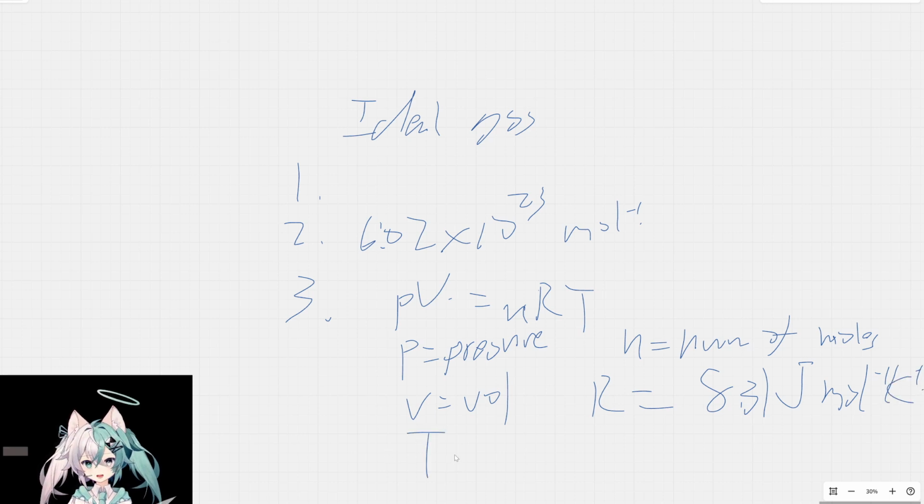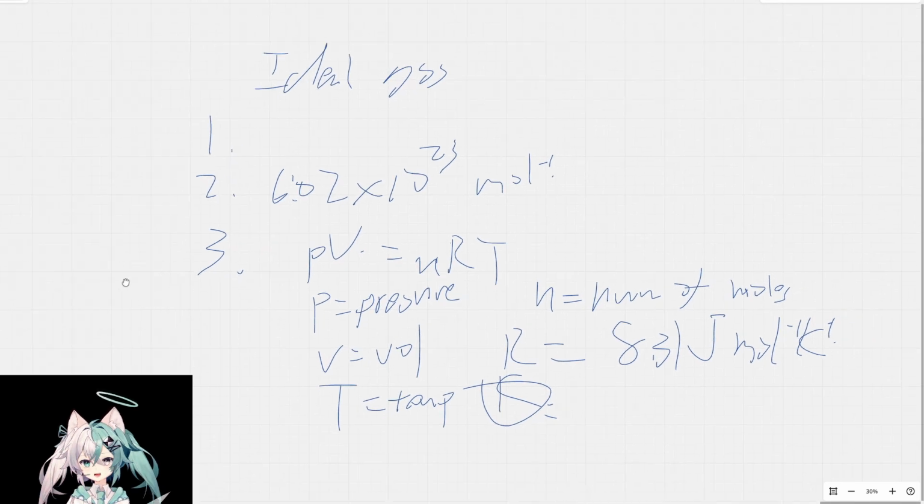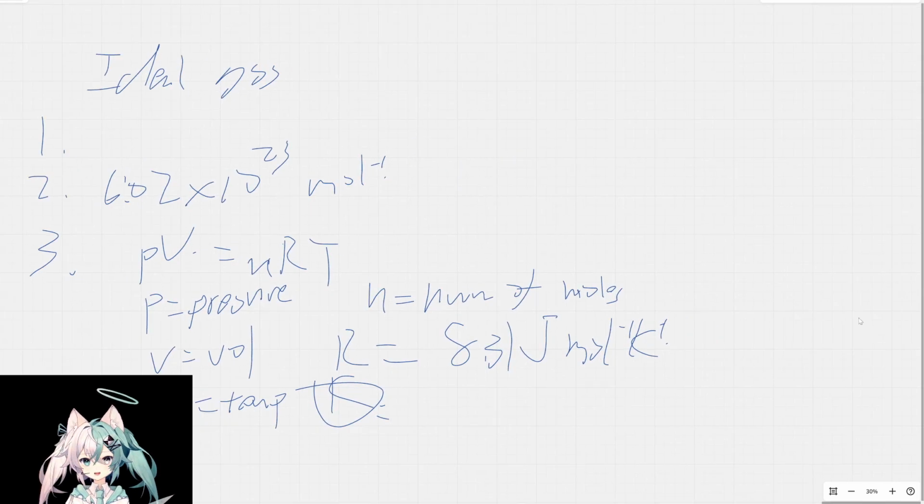And also T is the temperature, in Kelvin, remember again. When we are doing thermal, for most of the equations, we are going to use kelvins instead of degrees centigrade.